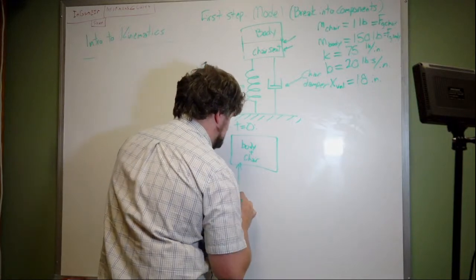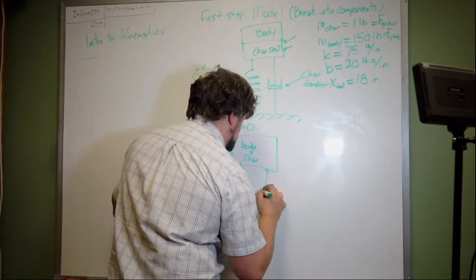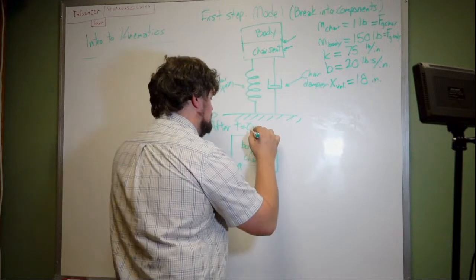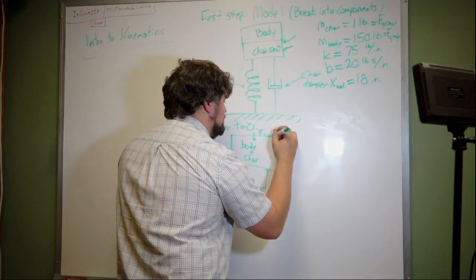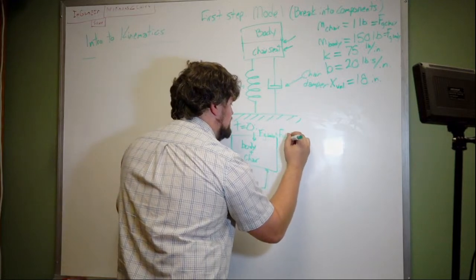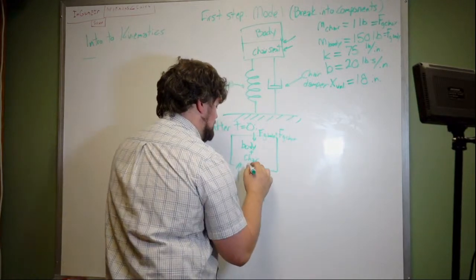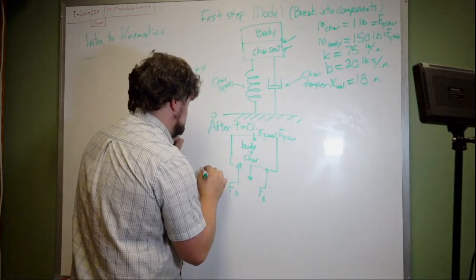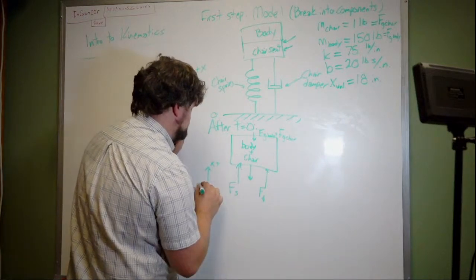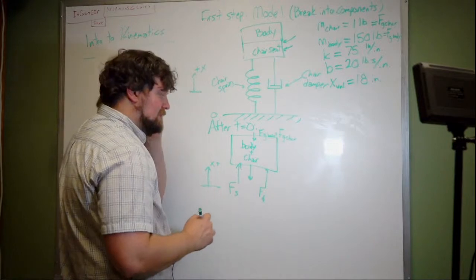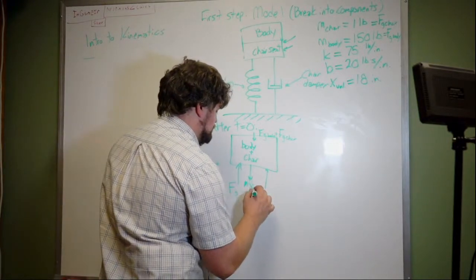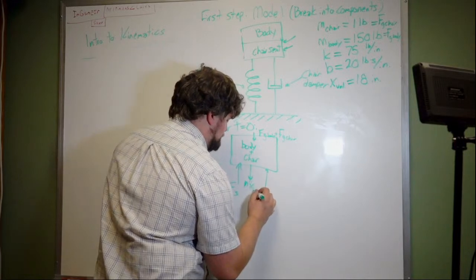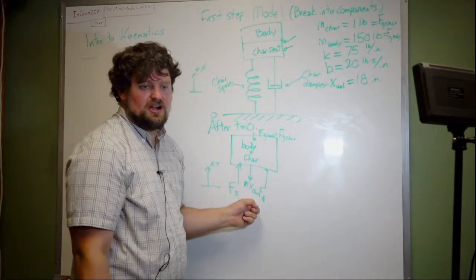You have your spring force, you have your damper force, you have your gravitational force, which is body plus chair, and you also have, because this is the positive x direction relative to the ground, this is the inertial force. Okay, which I'm just writing as x double dot chair.